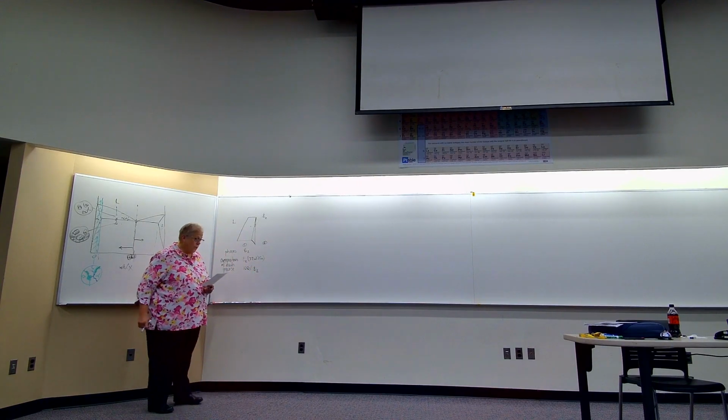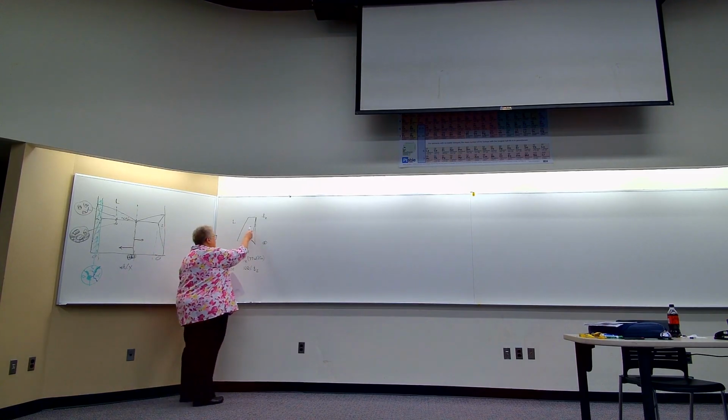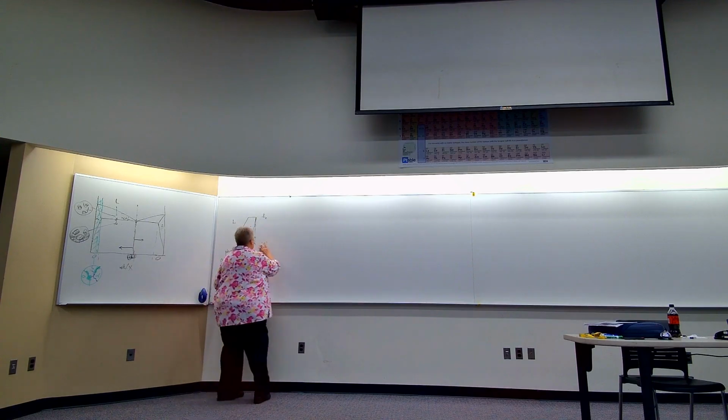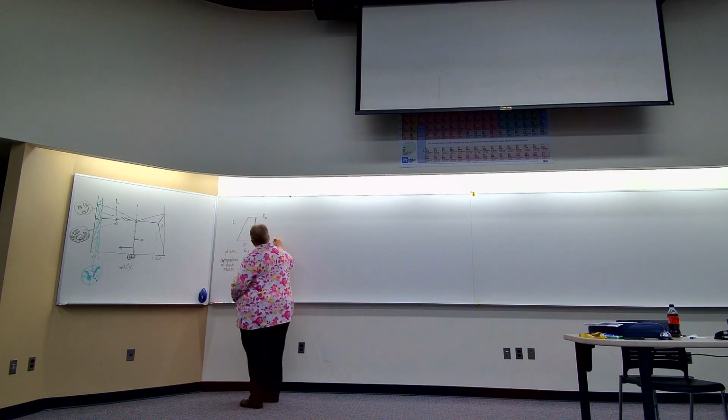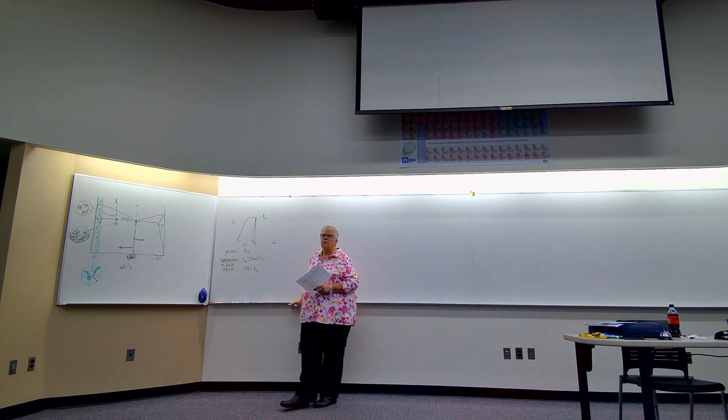All right, now let's look at point number 2. And imagine the point is about that distance between those two sides. What phases are there? We're in a two-phase region between two single phases. What phases are present at point 2?